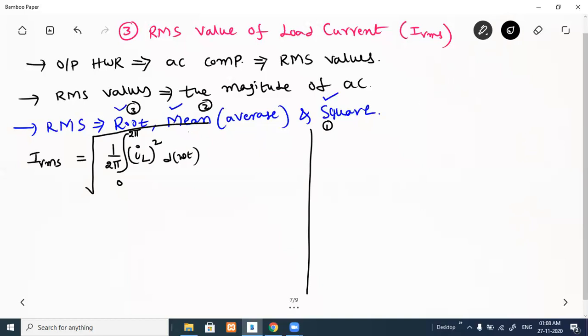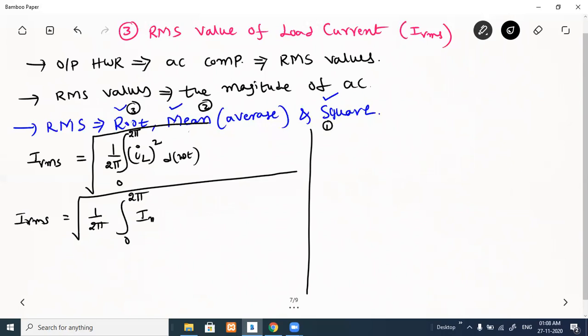We know that our IL equal to Im sin omega t. So IRMS equal to square root of 1 by 2 pi integral 0 to 2 pi of Im sin omega t whole square into d omega t.